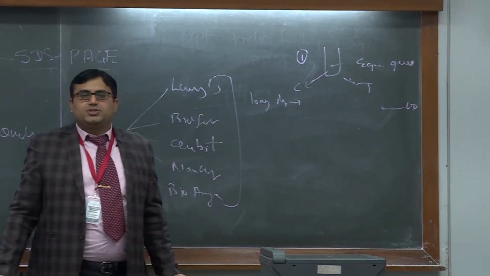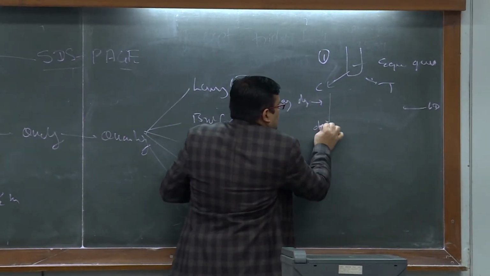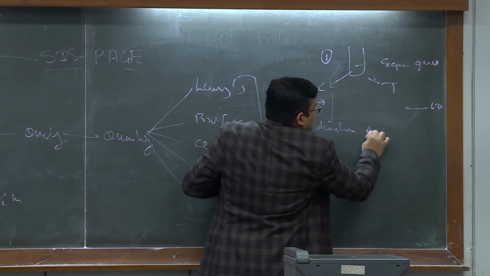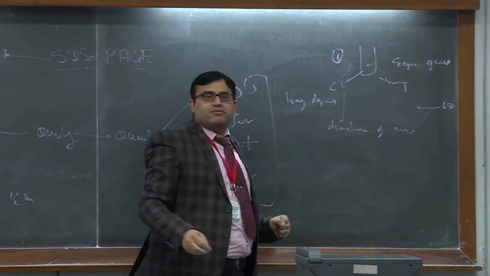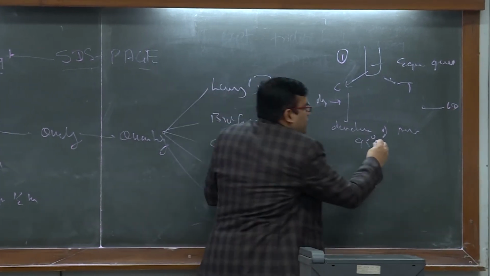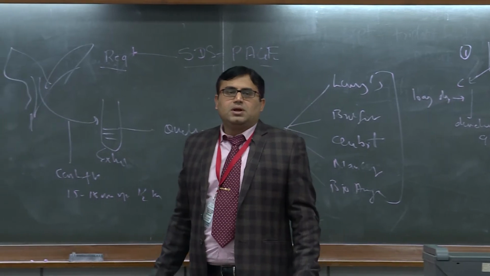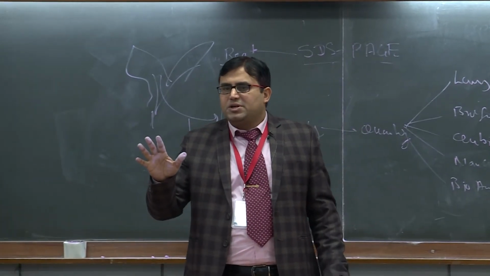Then you have to denature it. Denaturation of protein we do by heating it at 95 degrees Celsius for 5 minutes. This is very important: 95 degrees Celsius for 5 minutes.